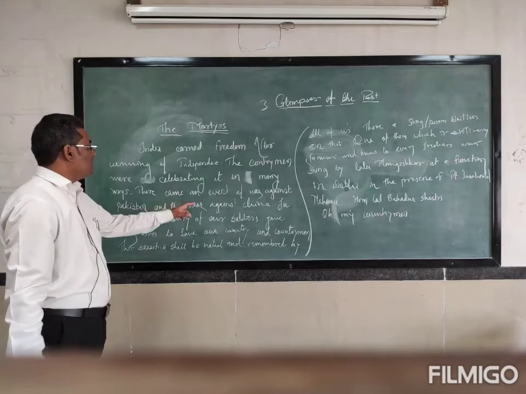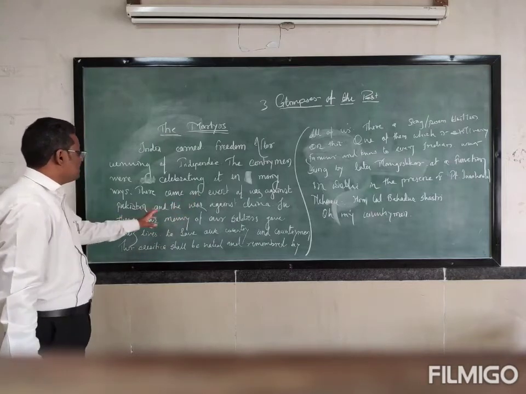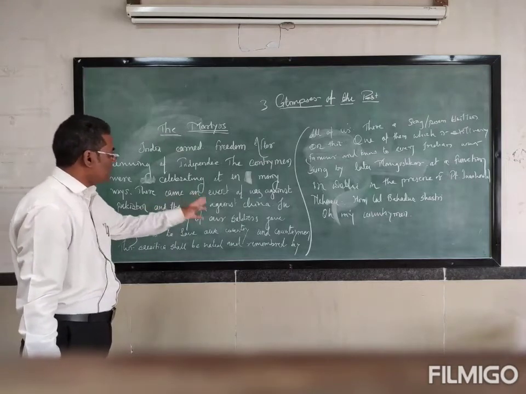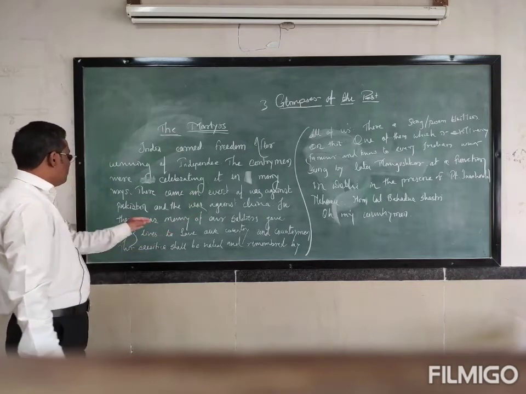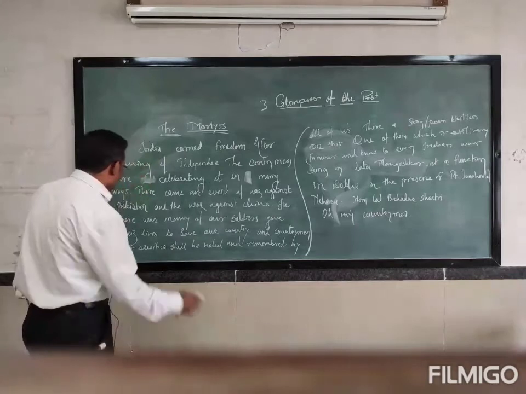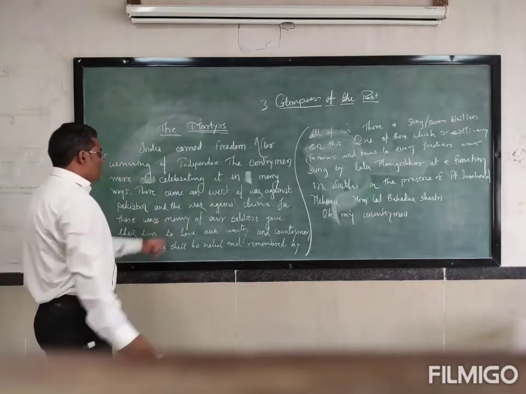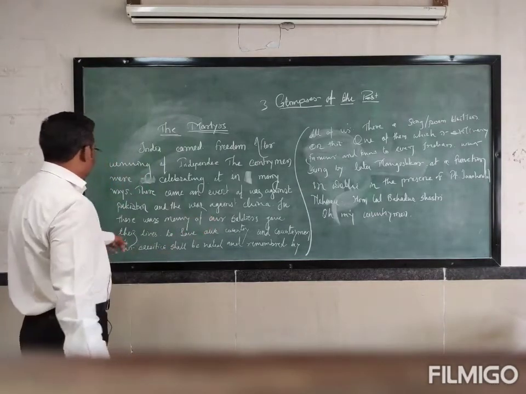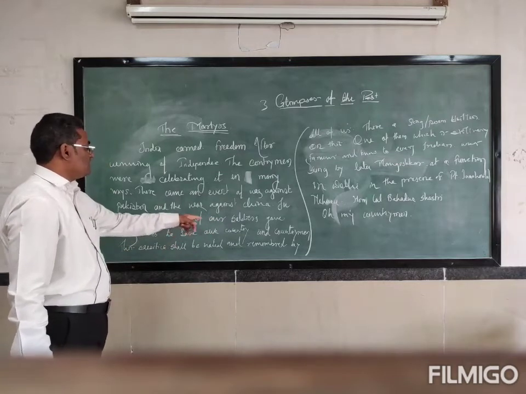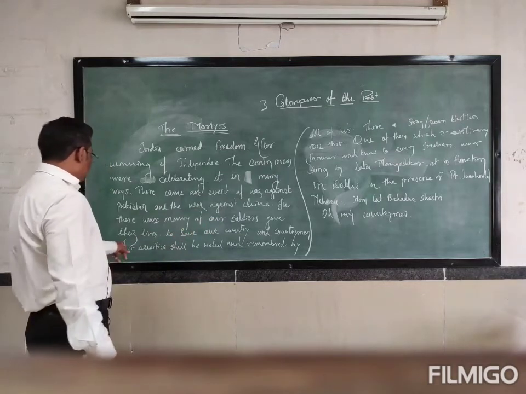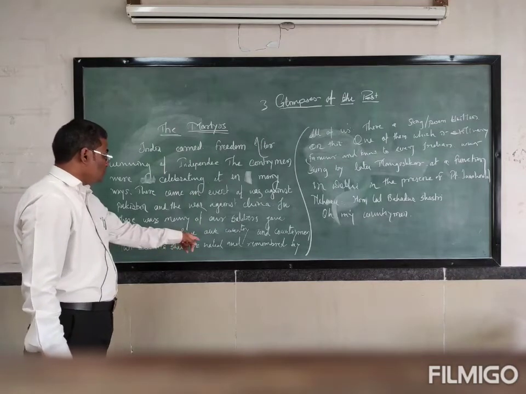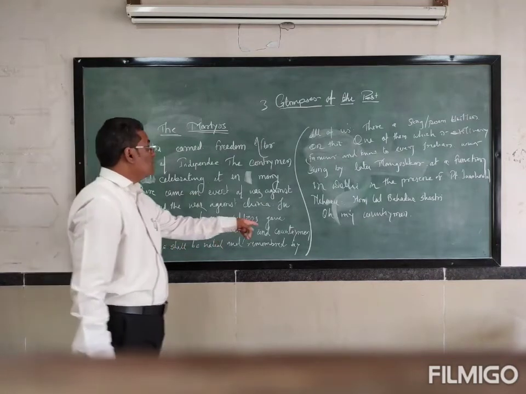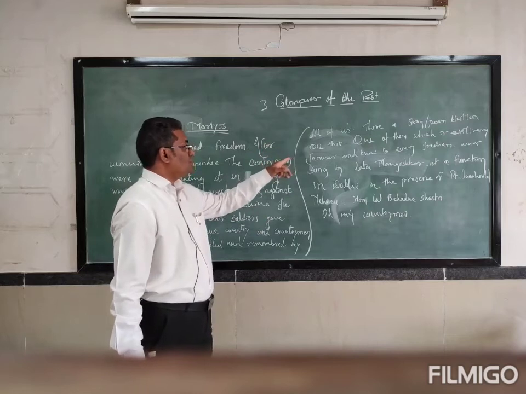There came an event of war against Pakistan and the war against China. In these wars, many of our soldiers gave their lives to save our country and countrymen. This sacrifice shall be noted and remembered by all of us.